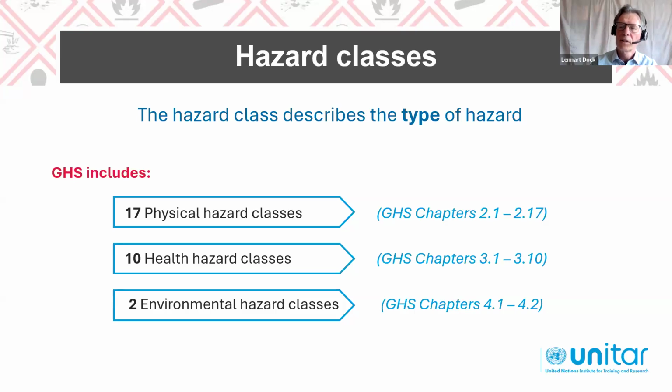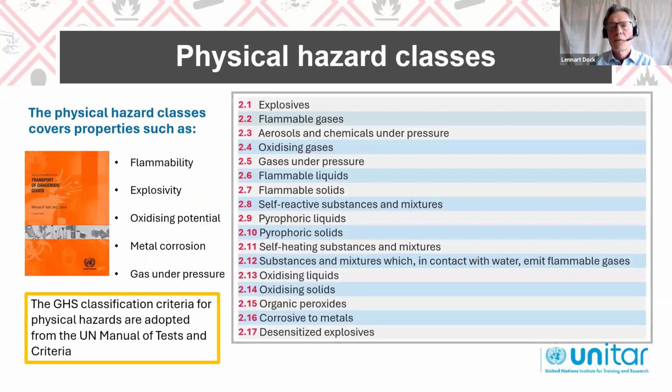And if we look at the physical hazard classes, here we have a direct link to the UN Manual of Tests and Criteria on the transport of dangerous goods. This was one of the parts that were used to develop the GHS. So if you have colleagues that are working with the transport of dangerous goods, they will recognize all these physical hazard classes because they're exactly the same criteria as in the transport of dangerous goods.